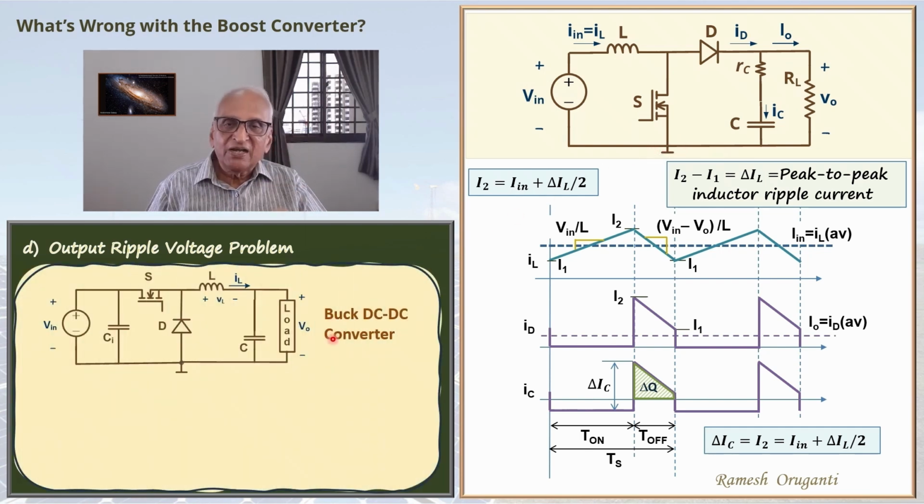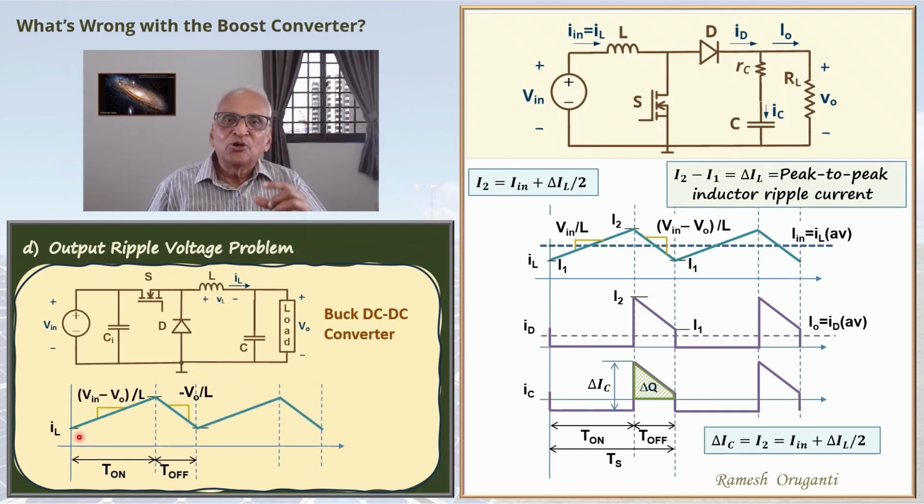We can compare this with a buck converter. In the case of the buck converter under CCM, the ripple in the inductor current flows through the capacitor. So the peak-to-peak ripple current in the capacitor is limited to I2 minus I1, and the waveform is smooth and not chopped. So because of that, it is easier to obtain the required ripple voltage with the buck converter.